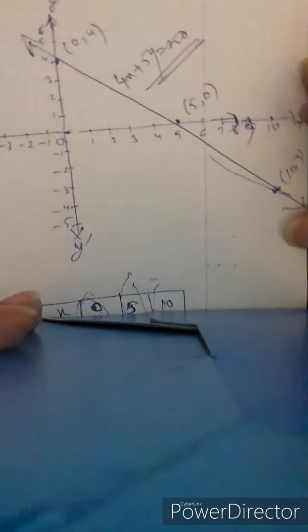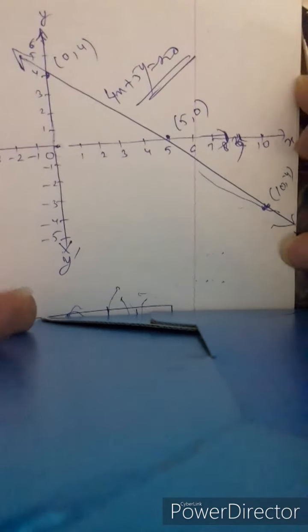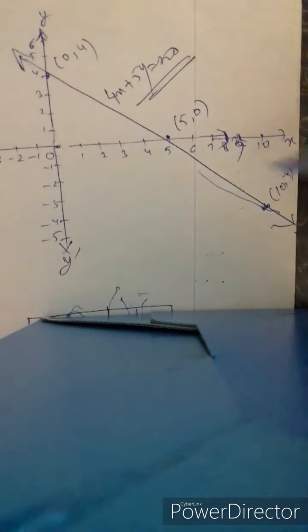If it is not a straight line, then you might have made some error in solving the problem. So it has to be a straight line, and this straight line will have all the 3 points lying on it. So this is the line.